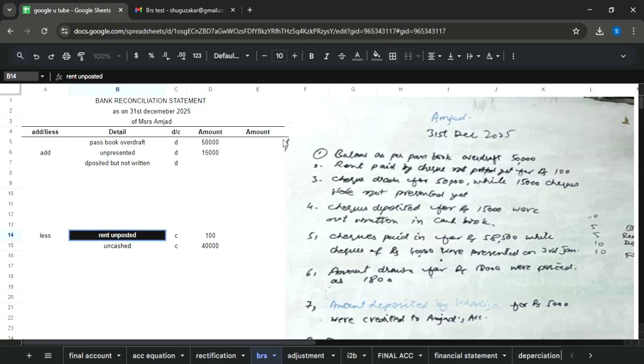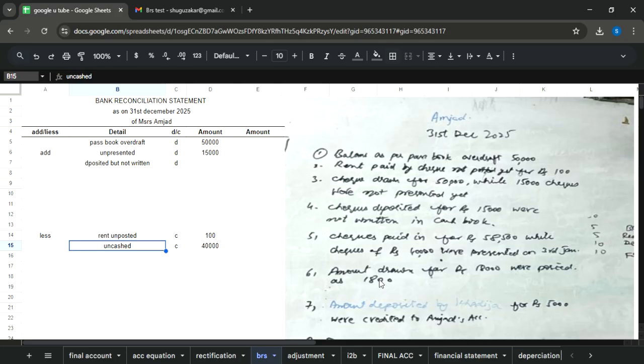Alright guys. So we are now on the sixth entry, amount drawn. Amount drawn means you have drawn your amount, it should be decreased, that means credit. For rupees 18,000 were posted as 1800. A lesser amount has been written. Please understand, instead of 18,000 you have written 1800. So a less amount means undercast.